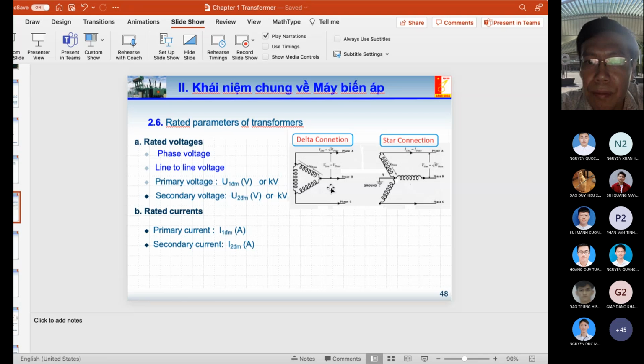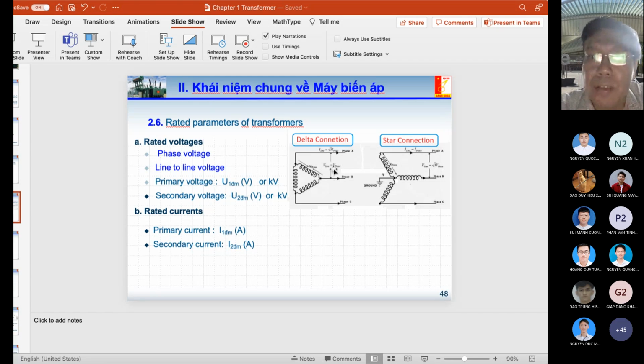In some textbooks, line to line voltage or line voltage is the same: the same meaning but different wording. Have a look at the delta connection. It's very easy for all of you to imagine where the line to line voltage is, and also the phase voltage.